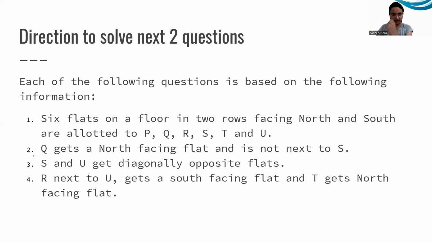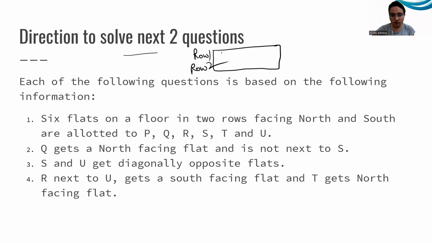Now let's see this question. Directions to solve the next two questions: each of the following questions is based on the following information. Let's try these questions. 6 flats on a floor. So there is a floor, and on this floor there are 6 flats in 2 rows, row 1 and row 2.